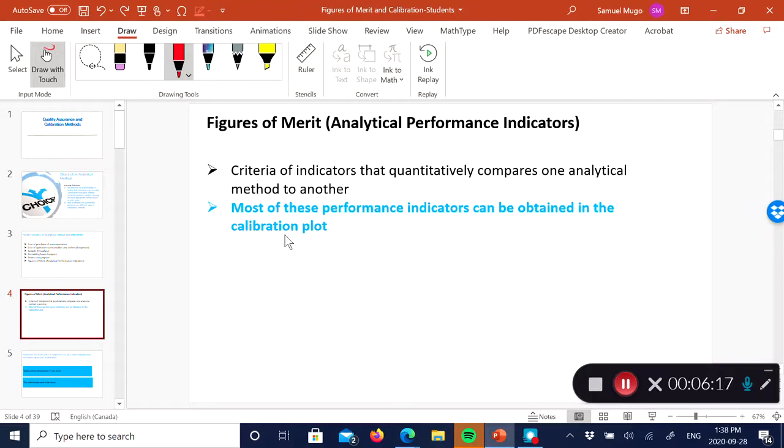And so you're going to find the importance of the calibration plot not only to determine the concentration of what you're looking for, but also as a way to extract the performance indicators that are enveloped in a calibration plot. So very important. Most of the figure of merit indicators, you can get them from the calibration plot. So very important, calibration plot.